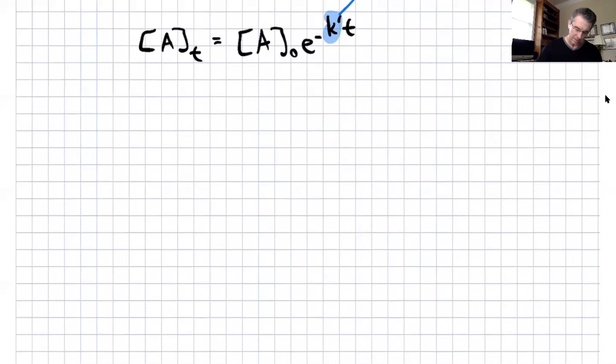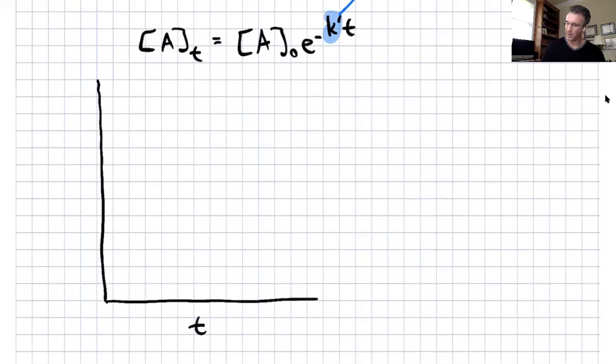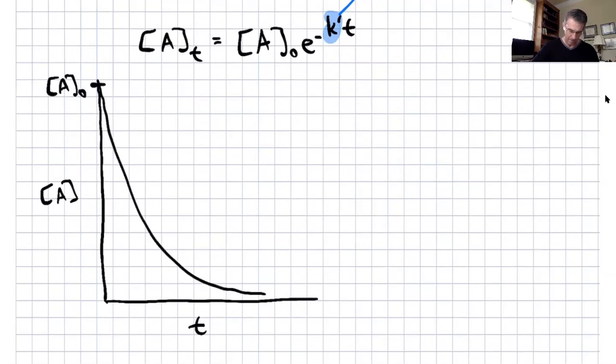Using that expression, we would then do a series of kinetic experiments, function of time, right? And we're measuring concentration of A. Up here is concentration of A at time 0, where we now do a series of experiments, right?